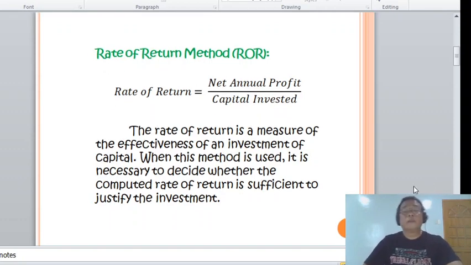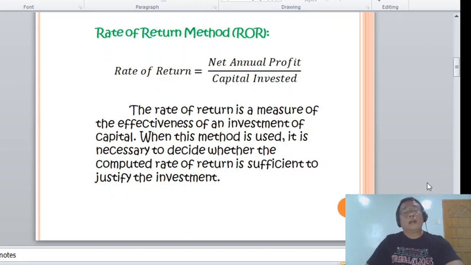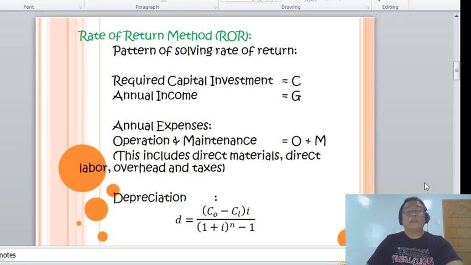So that is the rate of return method. Here is now the pattern of solving rate of return. First, we have the required capital investment, designated as capital letter C. And then we have the annual income, or the gross income of the business.